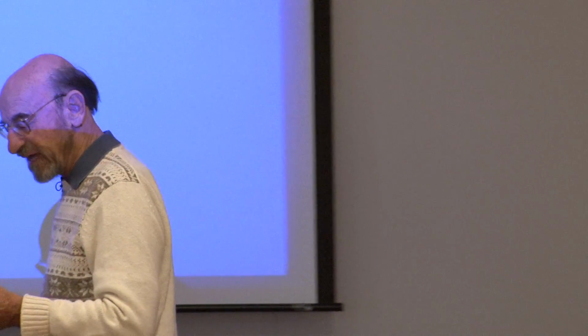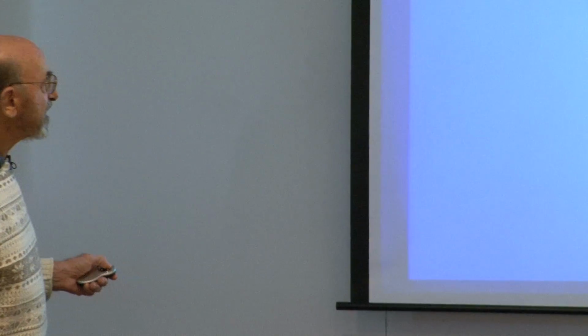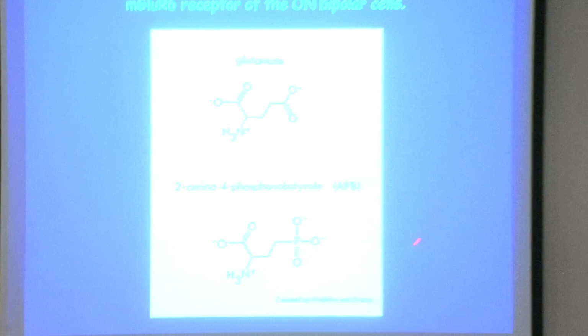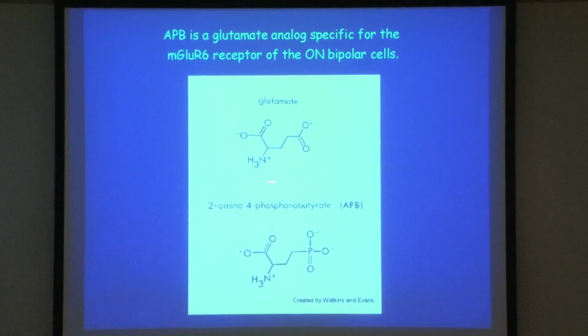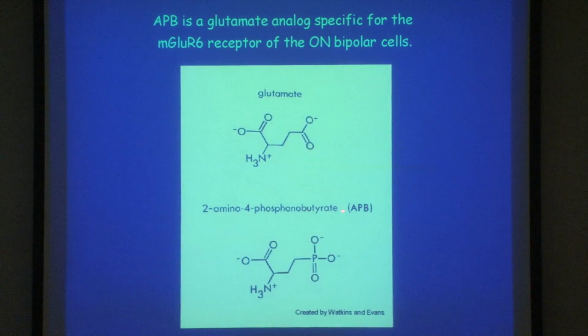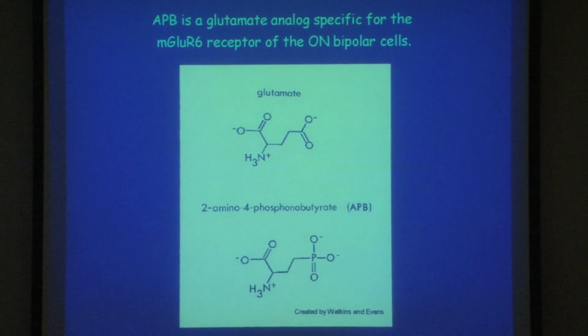All right, so APB. APB stands for an artificial molecule called 2-amino-4-phosphonobutyric acid. And to show that to you in some detail, it is shown here. 2-amino-4-phosphonobutyrate. The A, as you know, stands for acid. Okay?